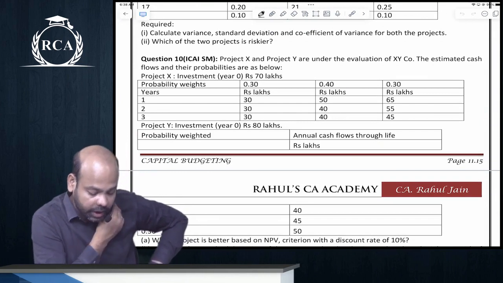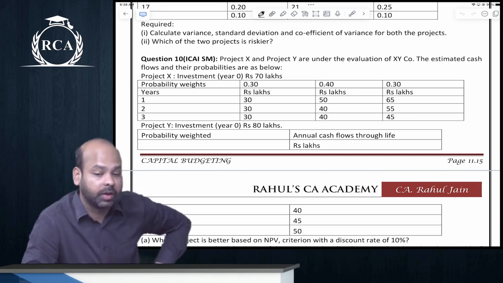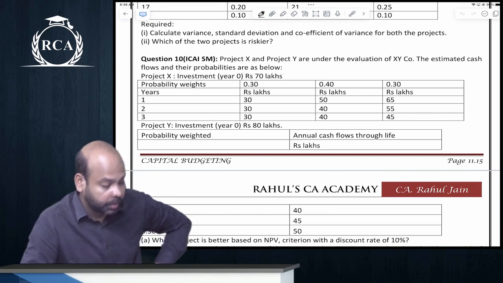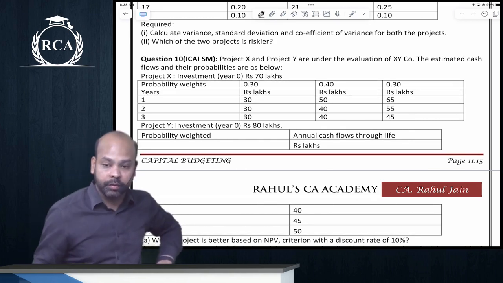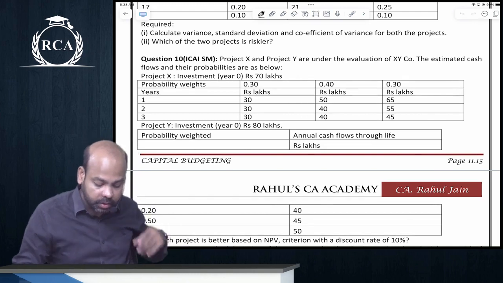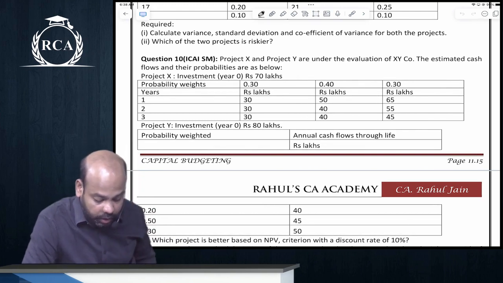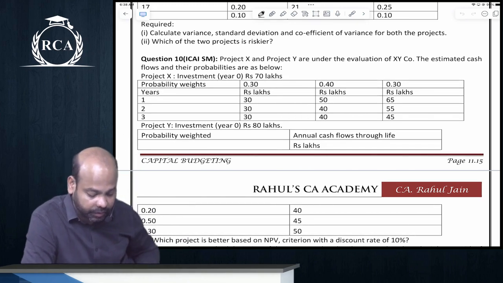The estimated cash flows and their probabilities are as below. Project X investment in year 0 is 70 lakhs. Probability weights for year 1 to 3 are 0.3, 0.4 and 0.3. The cash flows are given for all the 3 years. Year 1, year 2, year 3: 30, 30, 30, 50, 40, 40, 65, 55, 45.